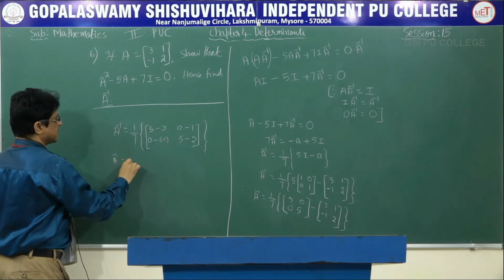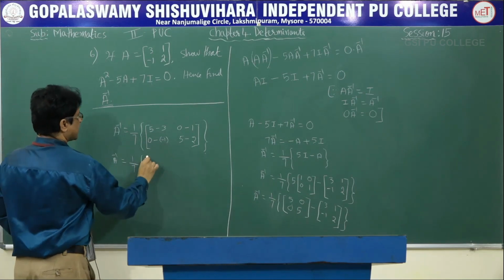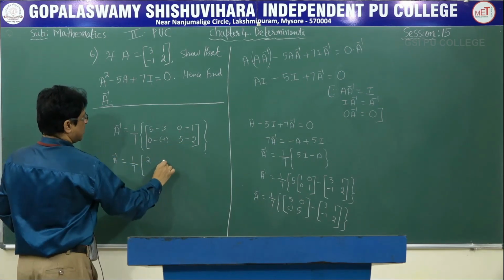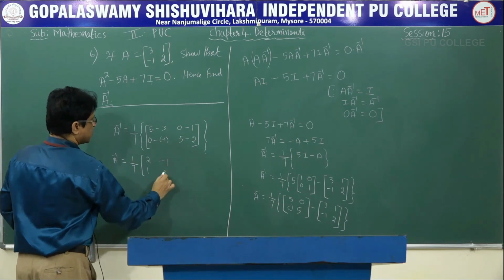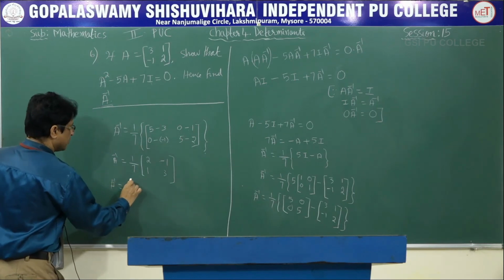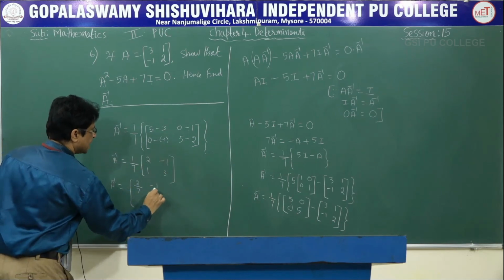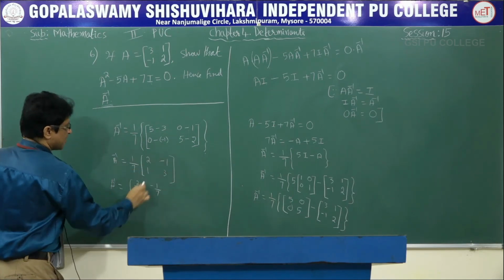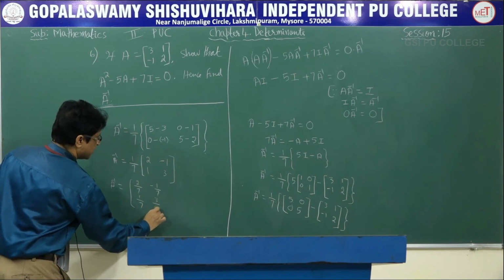So A inverse is equal to 1 by 7 into 5 minus 3, 2, minus 1, minus into minus, plus 1, 5 minus 2, 3. So A inverse will be equal to 2 by 7, minus 1 by 7, 1 by 7 into 1, 1 by 7, 1 by 7 into 3, 3 by 7.